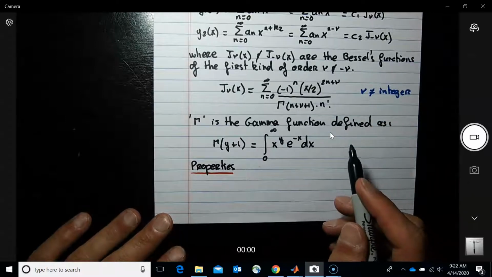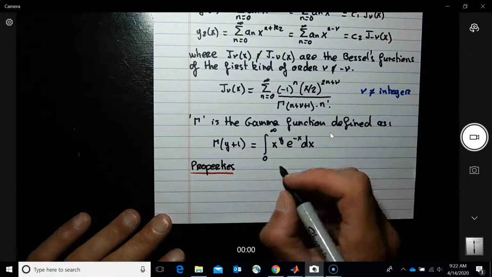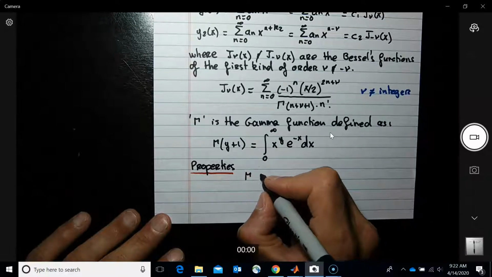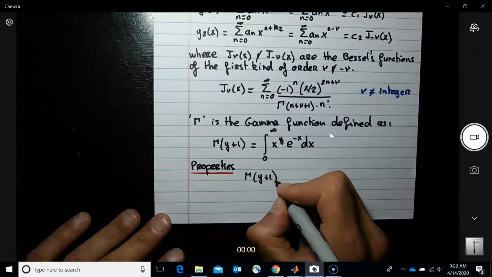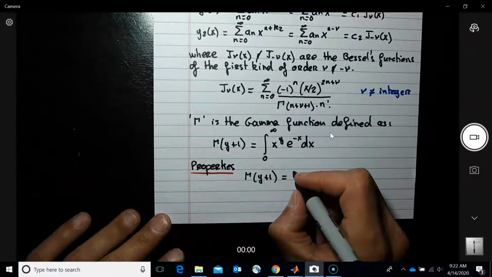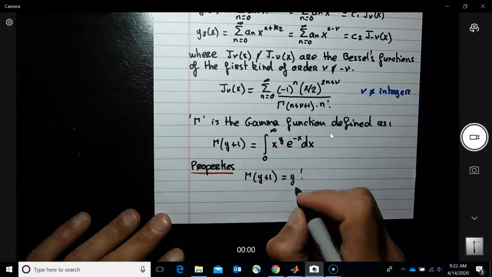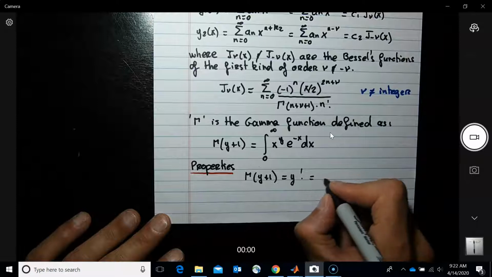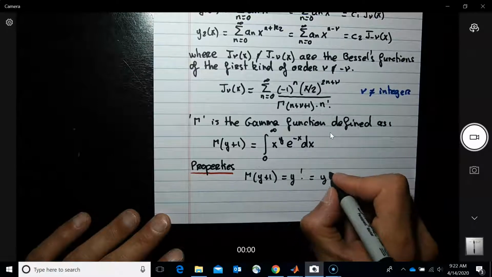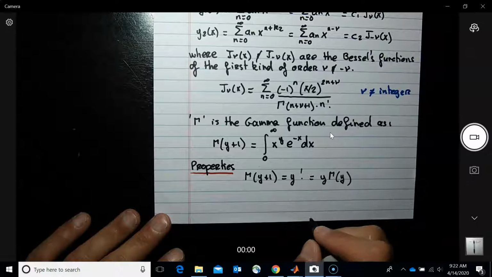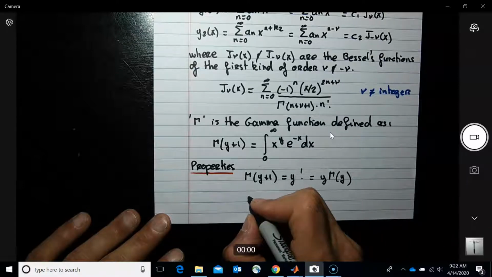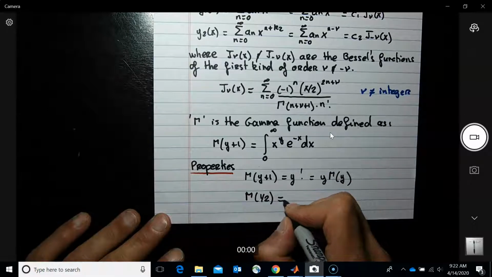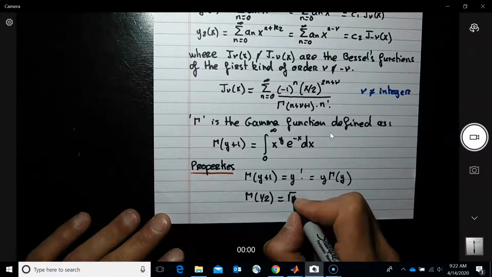Or at the end, the plot of these figures. So some properties are that gamma of y plus 1 is equal to y factorial, which is also equal to y times gamma of y, and gamma of 1/2 is equal to the square root of pi.